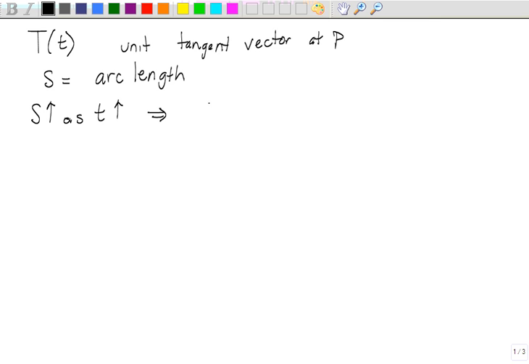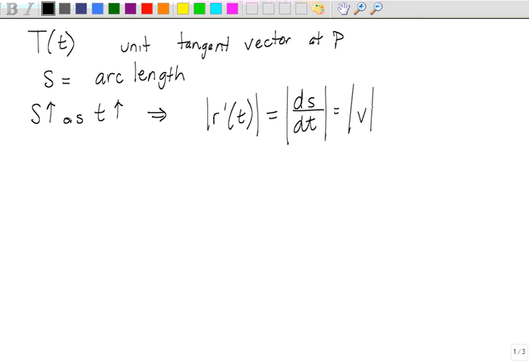Then we can say that the magnitude of r prime of t is ds/dt, and that's the same as the magnitude of v. And that's going to help us come up with an equation for acceleration.